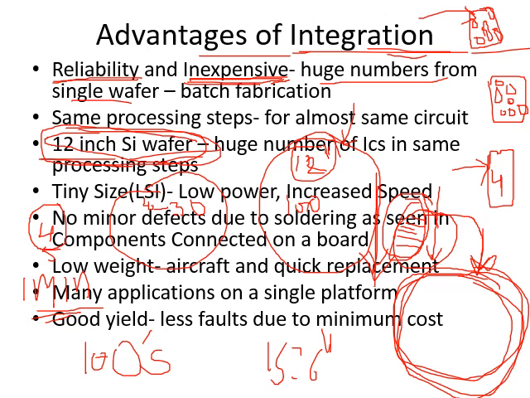Cost will be less, right? All the ICs will be manufactured in a batch. We see batch numbers for all products, right? In the same way, on a single silicon wafer, a huge number of ICs can be fabricated.